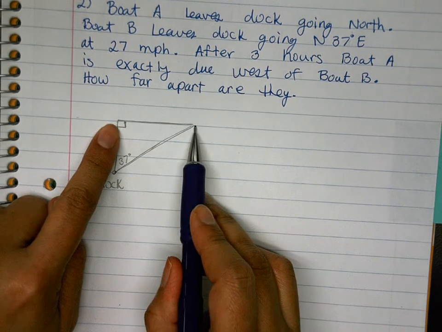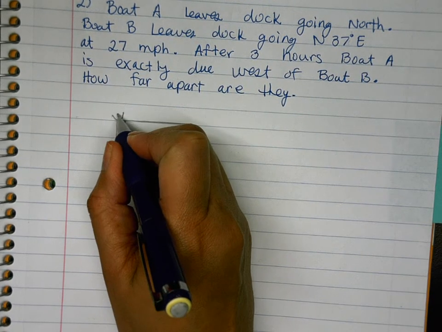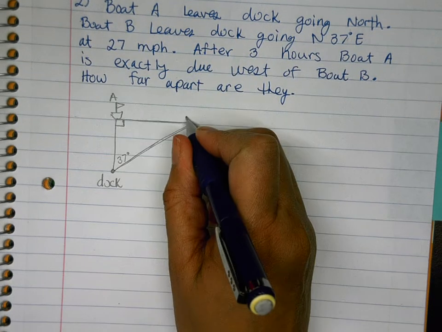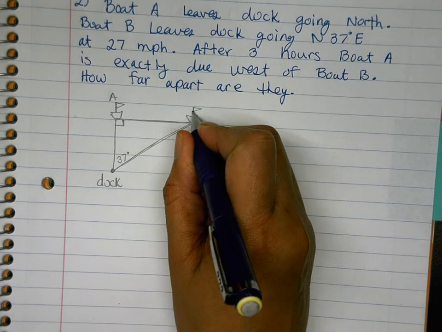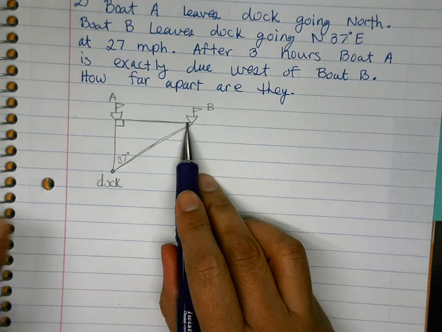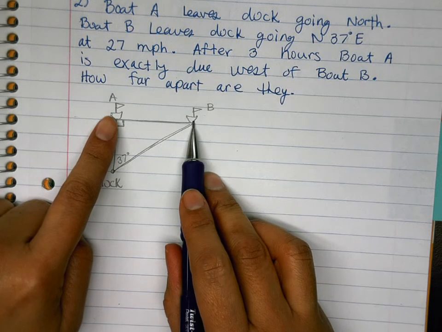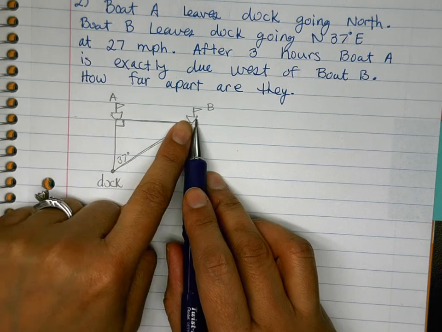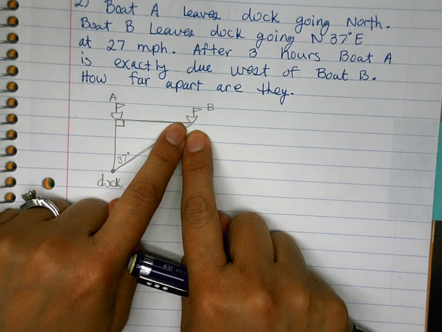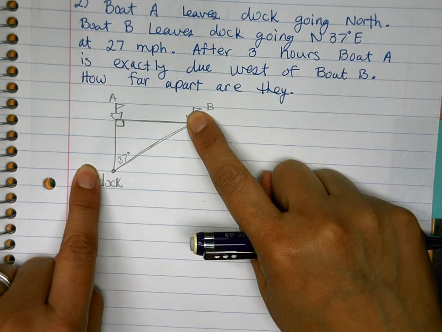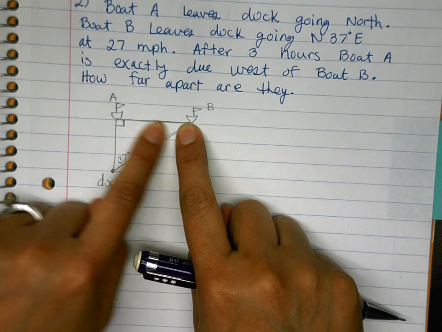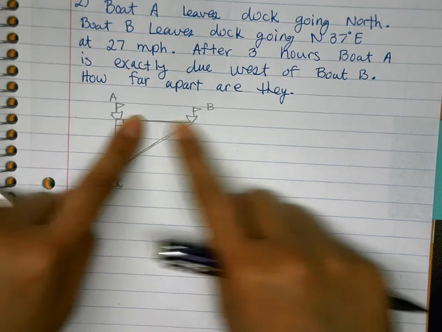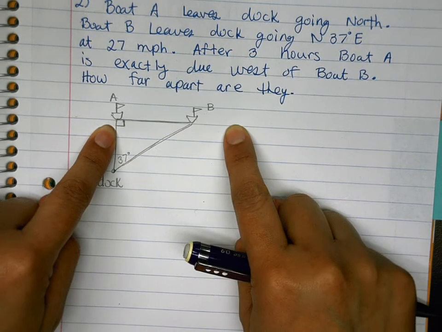This is boat A, and this is boat B. And after 3 hours, boat A is exactly due west. So he's not at an angle, he's exactly west of boat B. Do you understand why I drew the picture like this? Why he's at an exactly horizontal line like this? Yes? Okay.